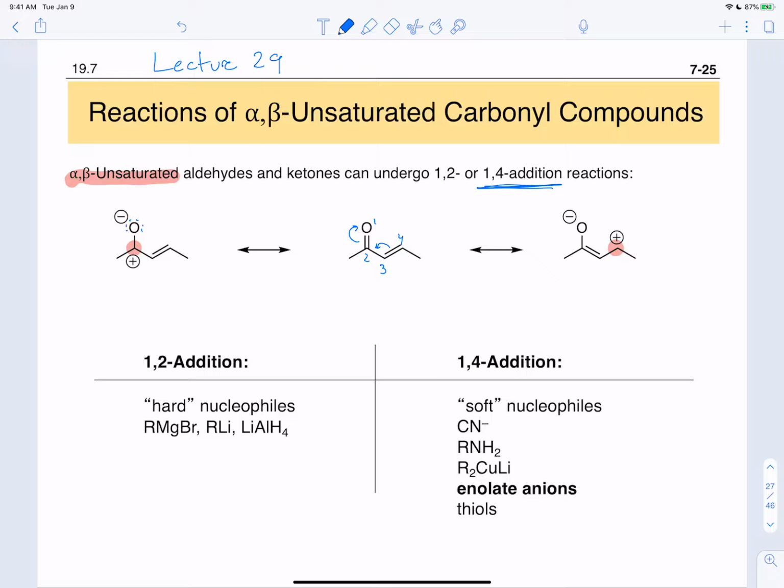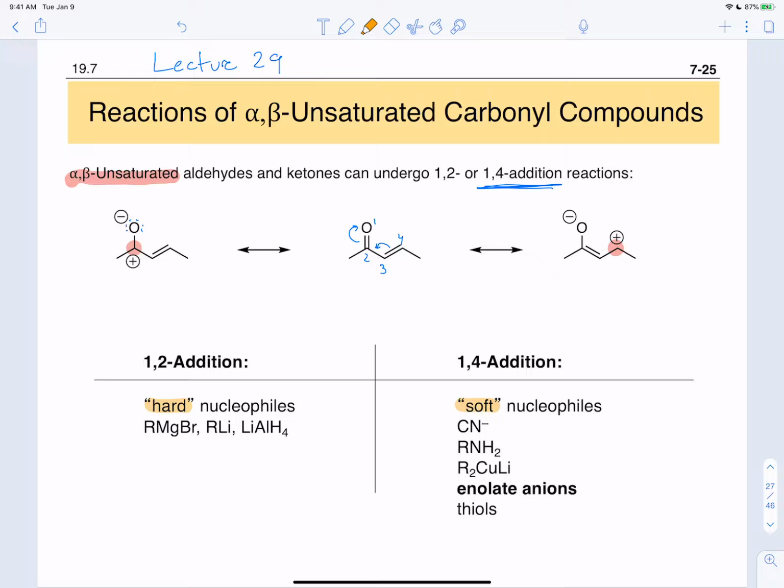We can divide these reagents into what we call hard or soft reagents. So you're going to have hard nucleophiles and soft nucleophiles. It's almost like you're giving a flavor to a nucleophile, and that's pretty much what it is. But we can notice some differences between the nucleophiles in these two centers.